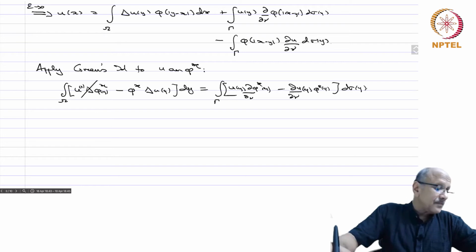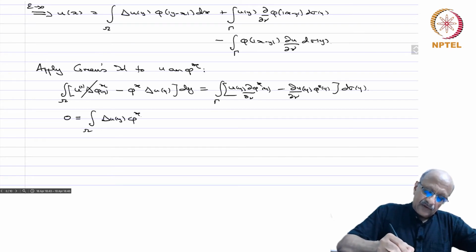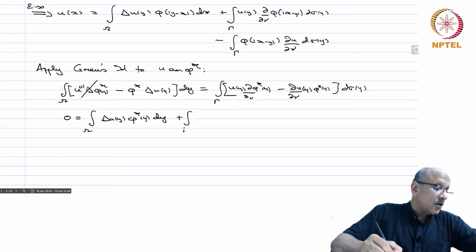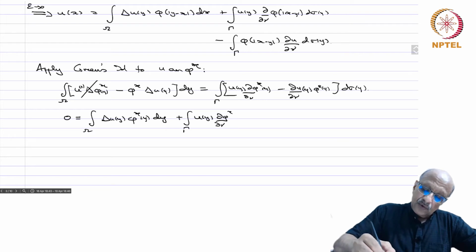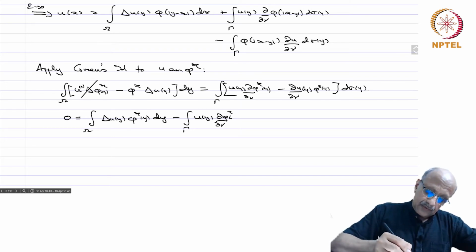d sigma_y. Okay. So, if we rearrange this, you will get 0 equal to the integral on Omega of delta u(y) phi^x(y) dy plus the integral on Gamma of u(y) d phi^x/d nu, sorry, this will be with the minus sign. Let me rewrite this correctly.